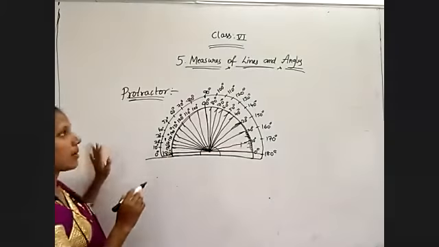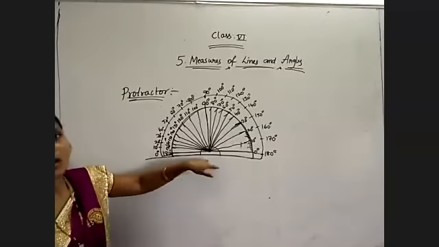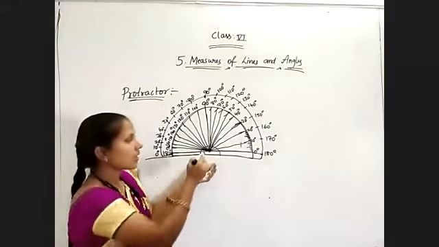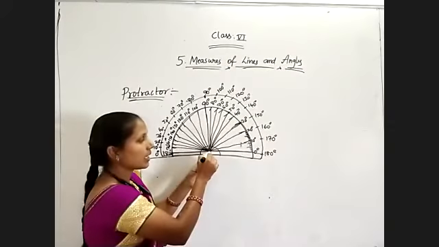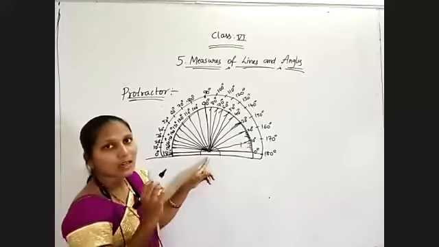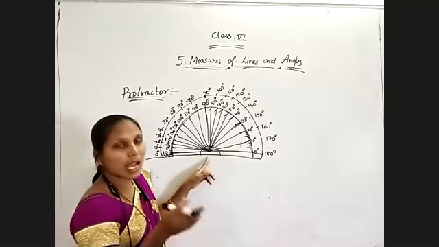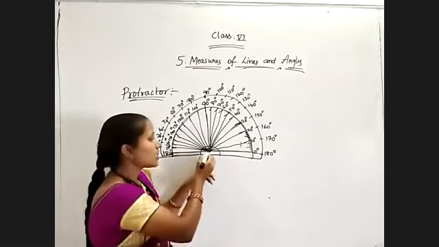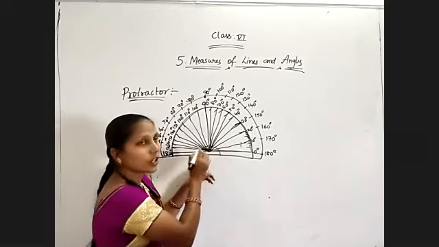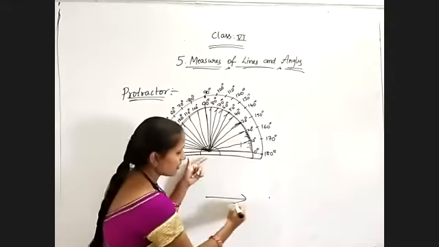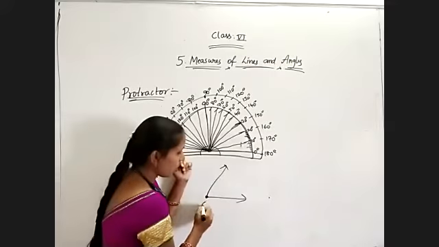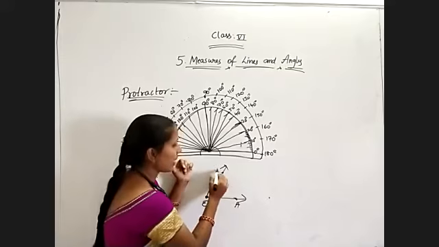Okay, observe, this is completely about a protractor. Now, observe your protractor and check whatever I am telling. See, while we are constructing or measuring an angle, suppose my angle is O, and here A, here B I have.